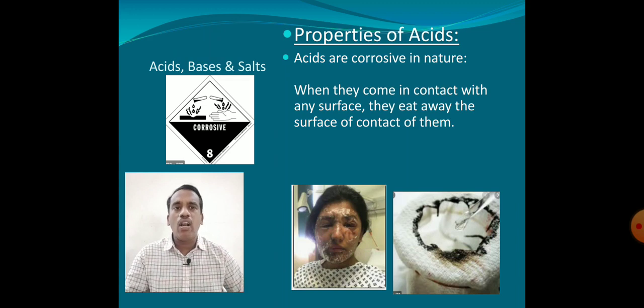And if they fall on any cloth, they will eat up the cloth. And it's the main point. Once you enter into your chemistry lab, you must be very cautious.